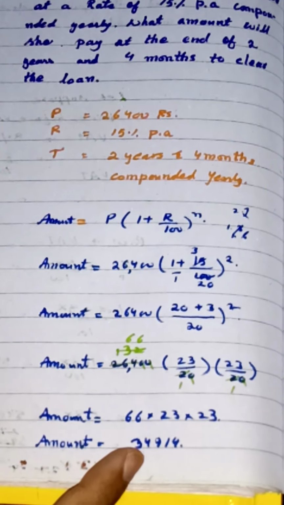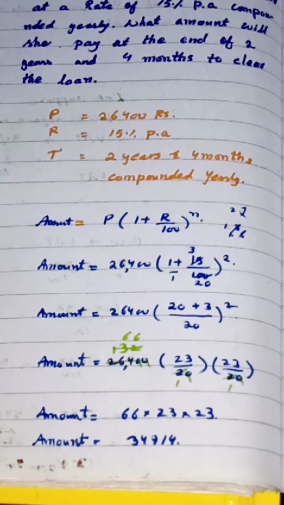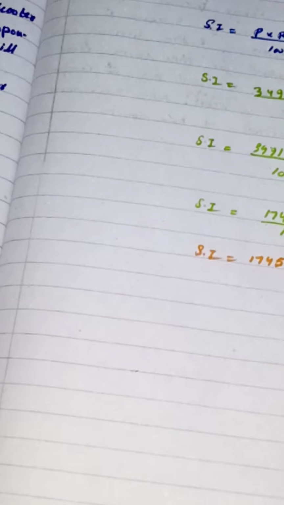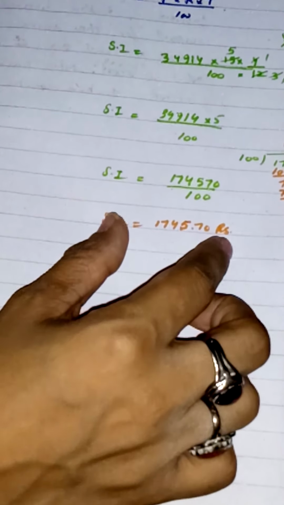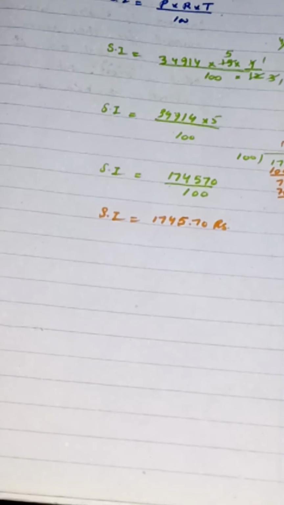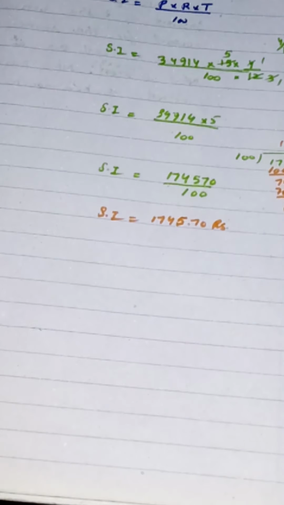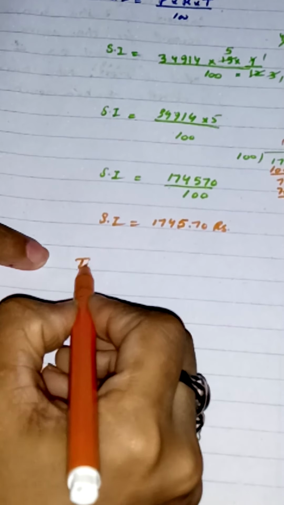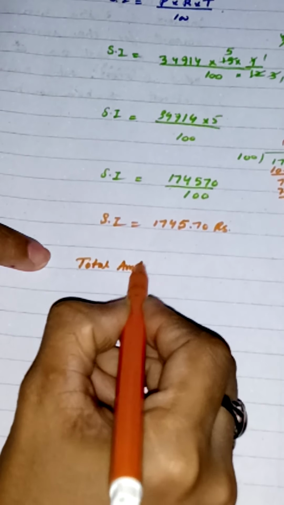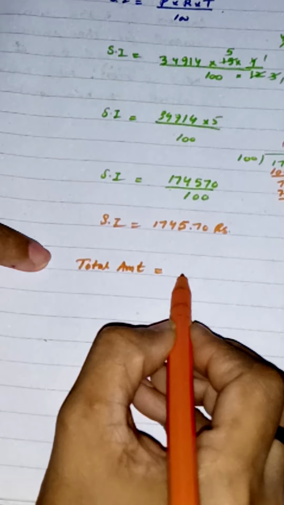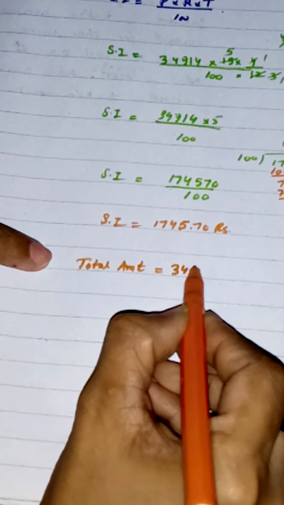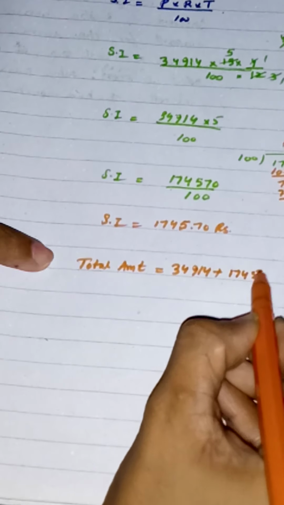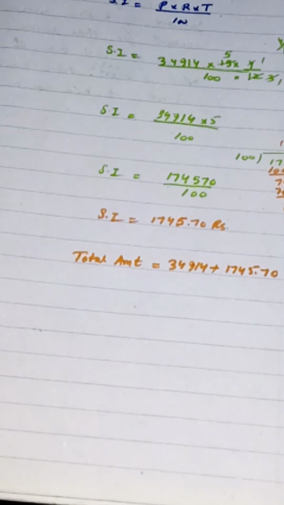So this amount and this 4 months interest: add the 2 years amount and the 4 months interest and find out the total amount. Total amount is equal to the amount of 2 years, 34,914, plus the 4 months interest. Add them.